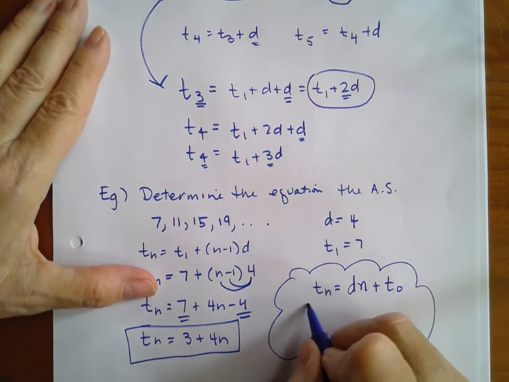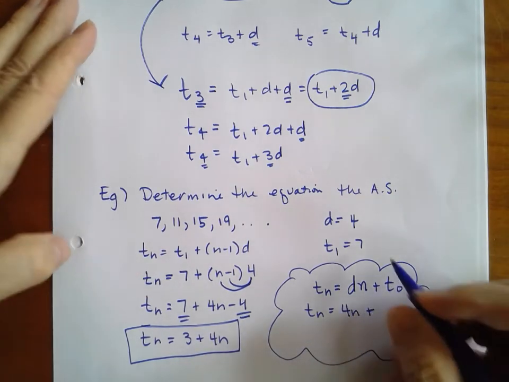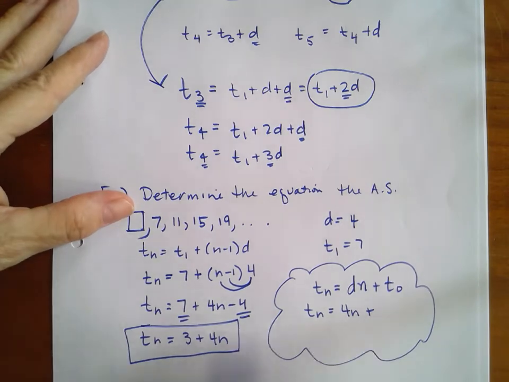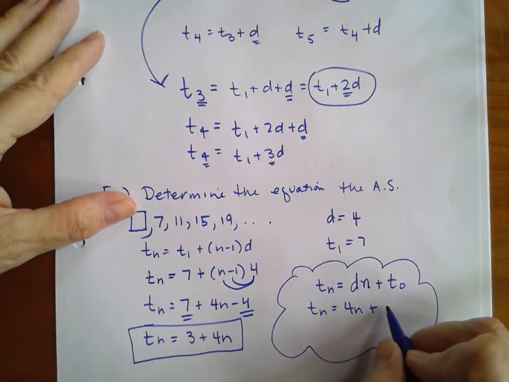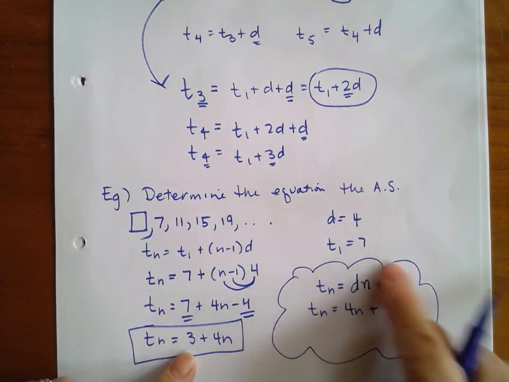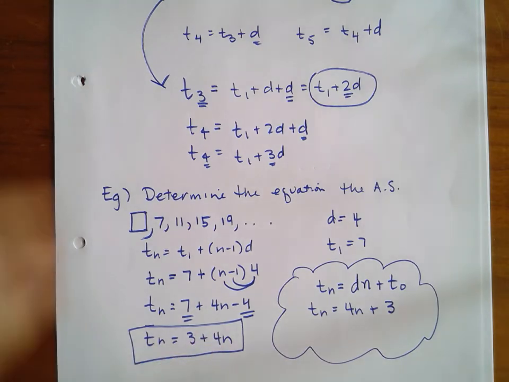So t sub n equals 4n plus, and I have to figure out what's backwards from t sub 1 by subtracting off 4 and getting 3. Same thing, just written in a different order. This is what we used to do, and this is our new way of doing it using the general equation.